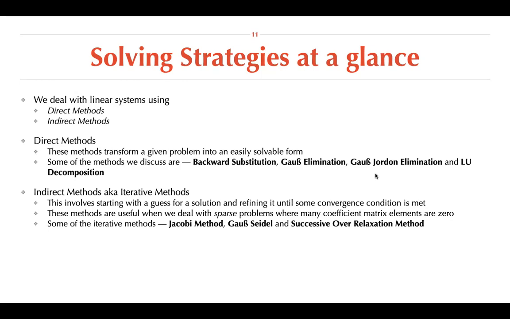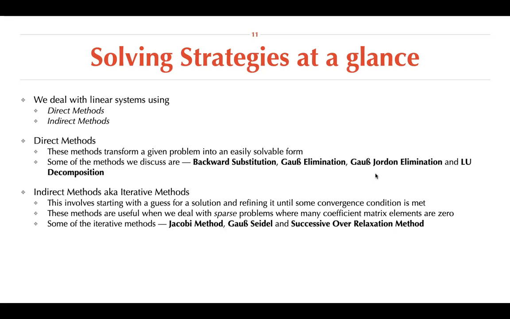These are the direct methods in which you modify the system at hand, but there are also indirect methods in which you start with a guess solution and then you try to improve it over the iterations. These methods are usually applicable for banded matrices, where most of the elements of the matrix are 0.